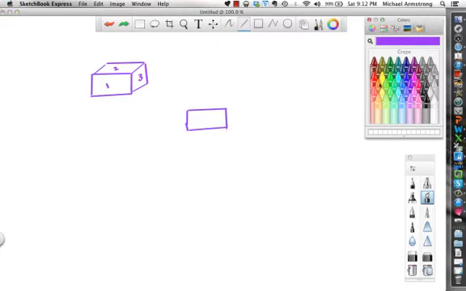And then we laid this front piece down. We might have to lay it down like this. And then we laid this side piece down. It would come down like this.